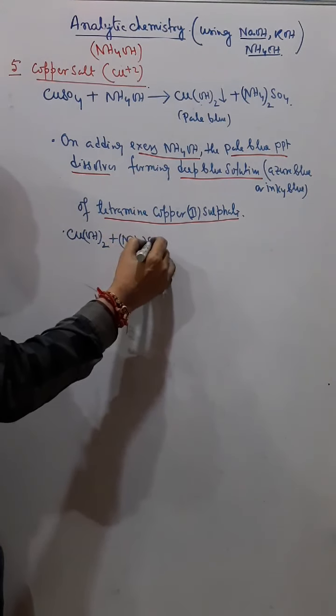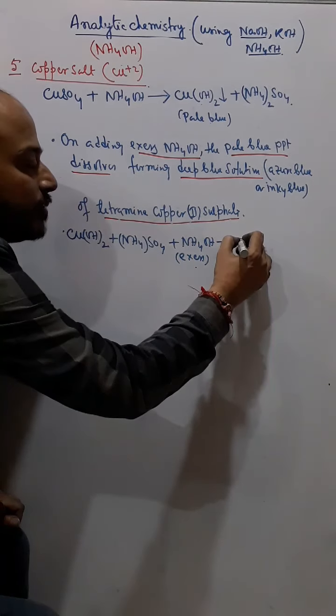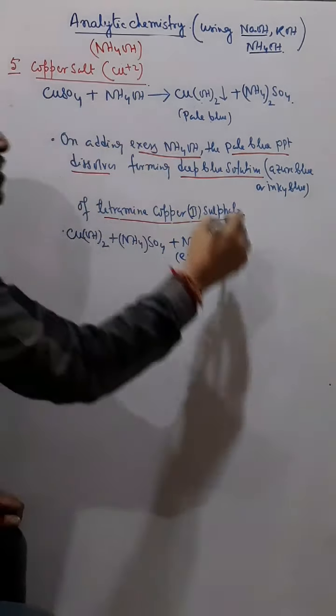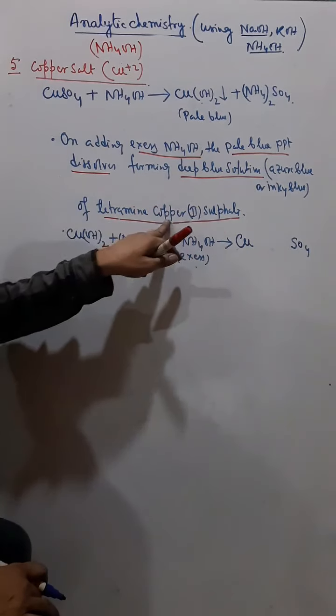Now how I say, you can remember like this, you just write copper sulfate. You know the formula of copper sulfate, that is CuSO4. So just write copper sulfate, but keep a blank in between. So I have written CuSO4.